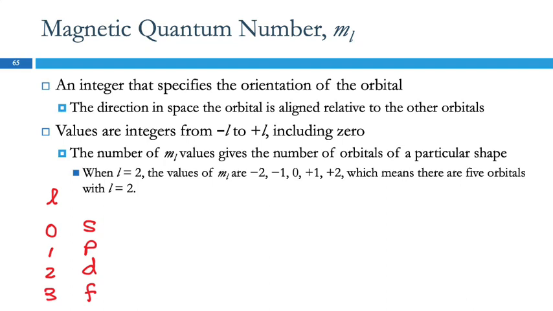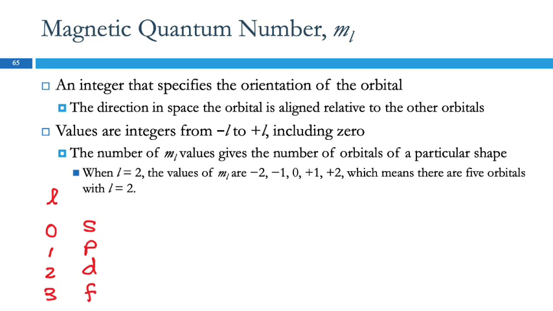And then the possible values for M sub L range from minus L, negative 2, all the way up to positive L, positive 2. So negative 2, negative 1, 0, plus 1, plus 2. So there's 5 possibilities for that orientation. Each of those corresponds to an orbital. So for d, there's 5 orbitals possible.